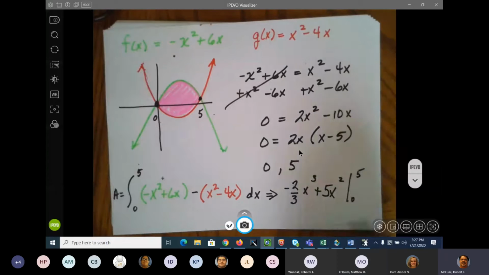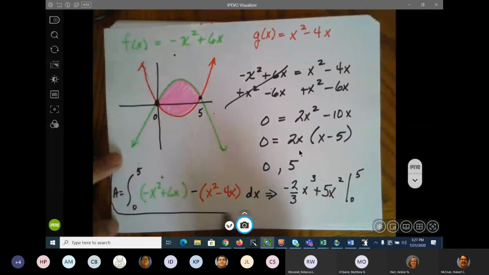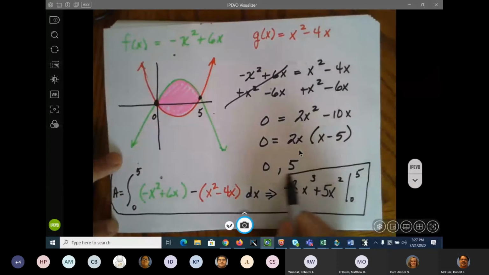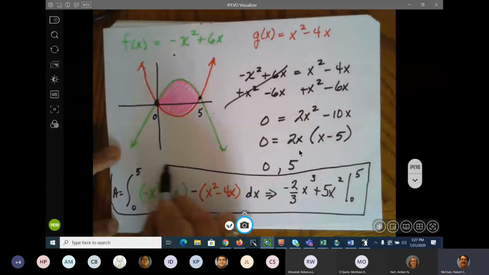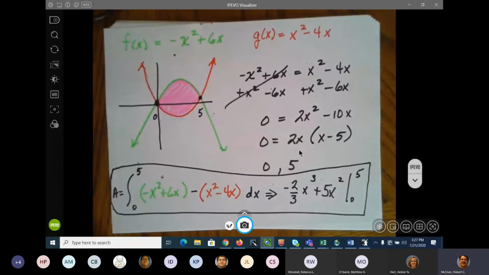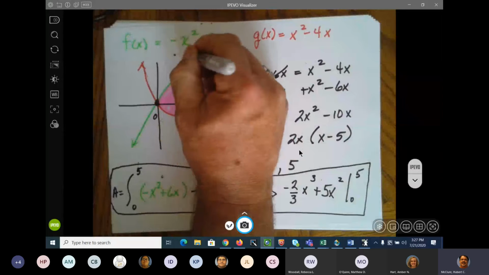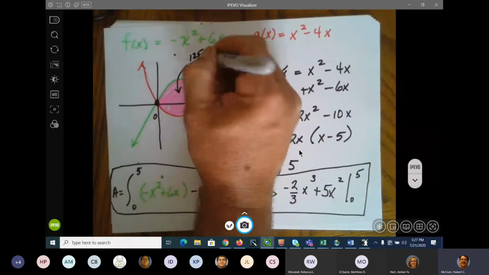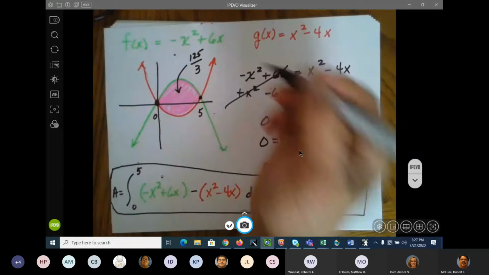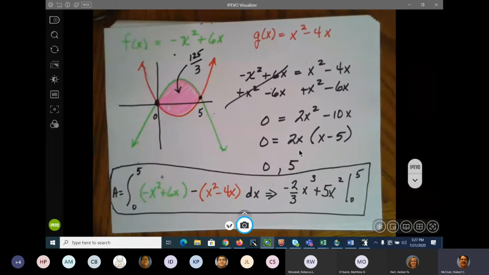So these are the two setups. And I got 125 over 3 as the area.